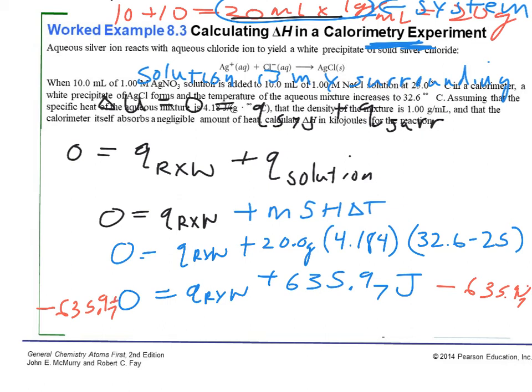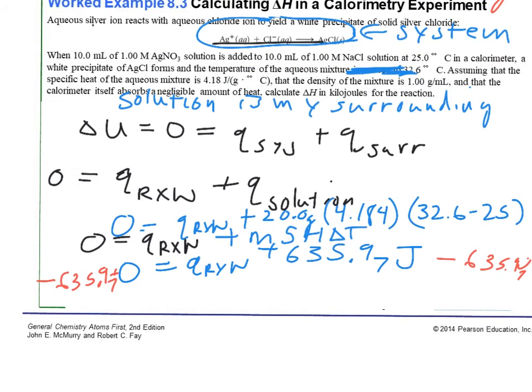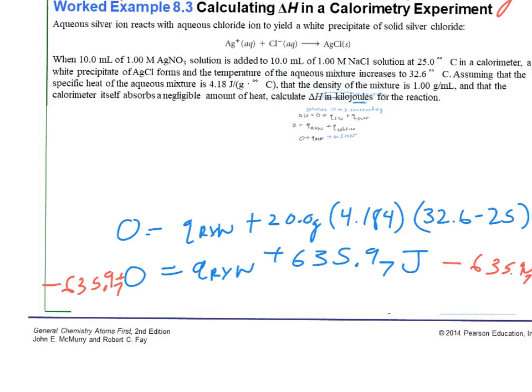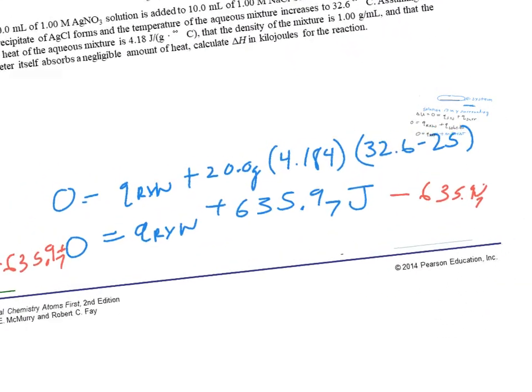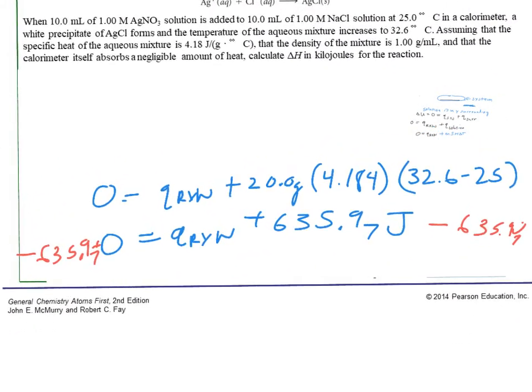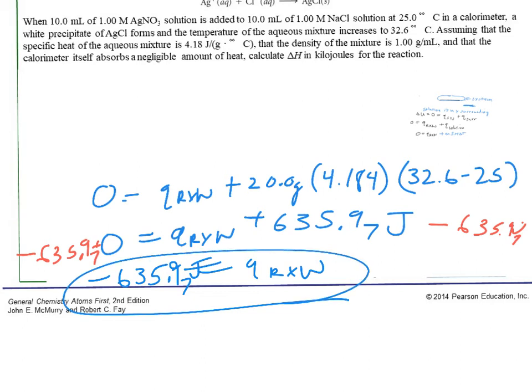Since we subtract it from both sides, that winds up making the heat flow of our reaction a negative 635.97 joules. I will tell you right now, if you're taking a multiple choice question, that will be choice A.